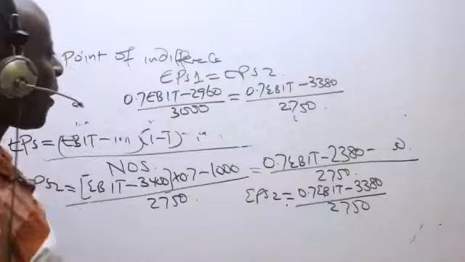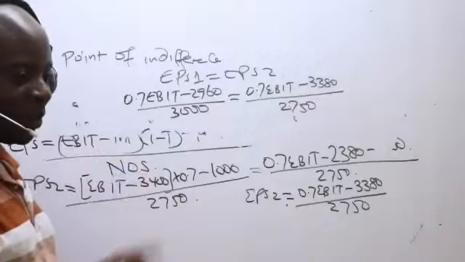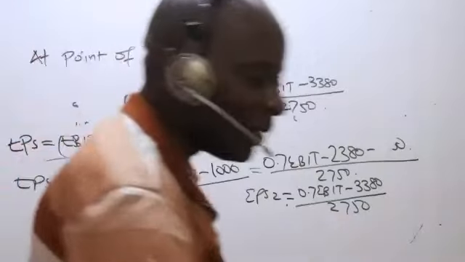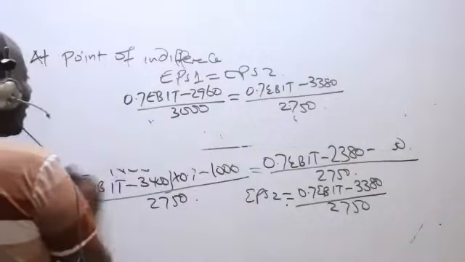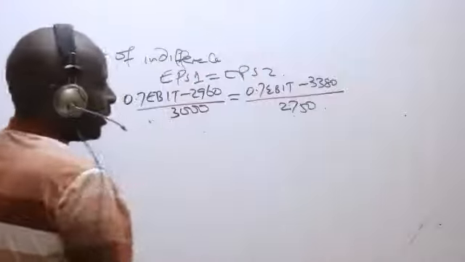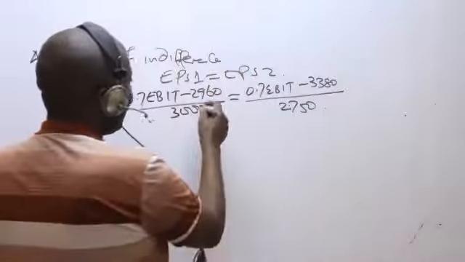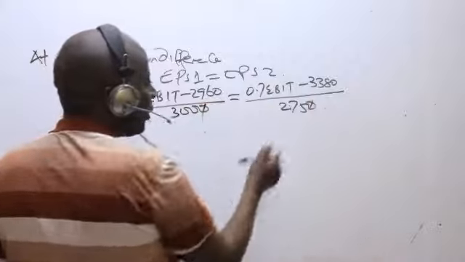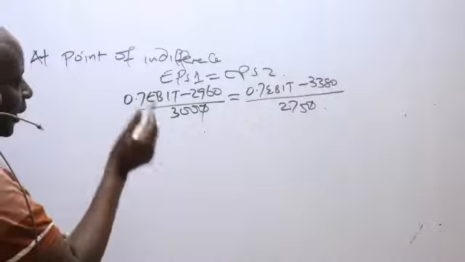So now our role will be to make EBIT the subject of the formula. Try to cross multiply there. Remember, the fewer the zeros I have, the better. If I get an opportunity of canceling, like in the denominator, just cancel them out.